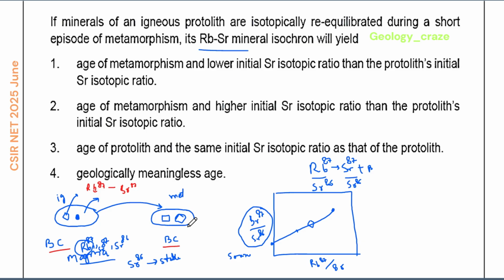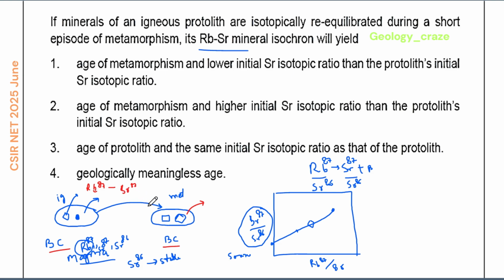Within the mineral changes are there. Suppose this rock, initially, the Sr 87 values are getting increased in the rock as well as in these minerals, because with respect to this, crystallization took place.